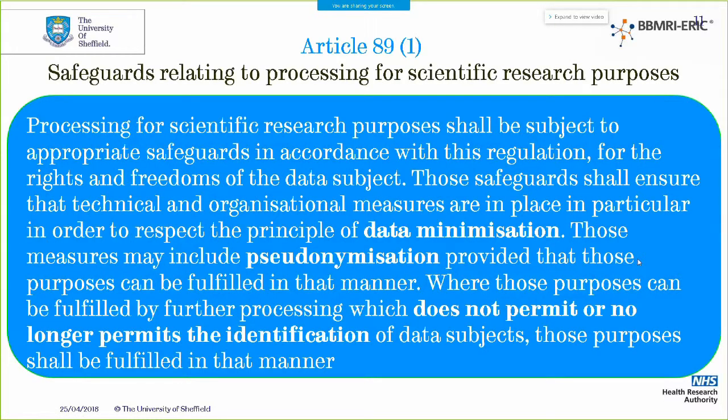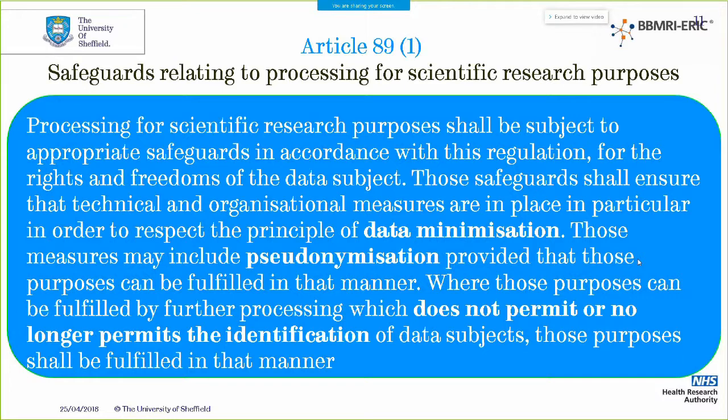But if you want to rely on this exemption, what becomes very important is Article 89.1, because if you want to rely on the research exemption, then you can only do that if you can show that your processing is in accordance with Article 89.1 and the safeguards in it.